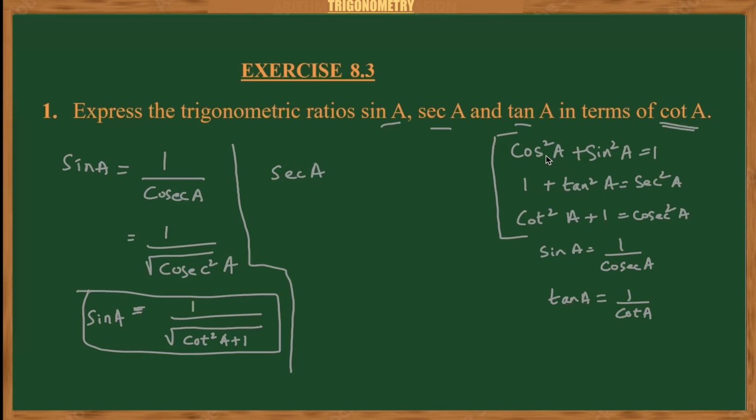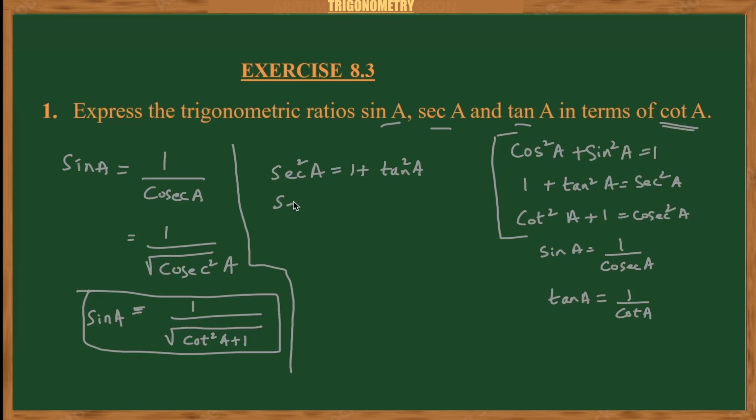So we cannot utilize the first, we cannot utilize the third. We can utilize this particular formula to convert it. So secant square of A is equal to 1 plus tan square A.